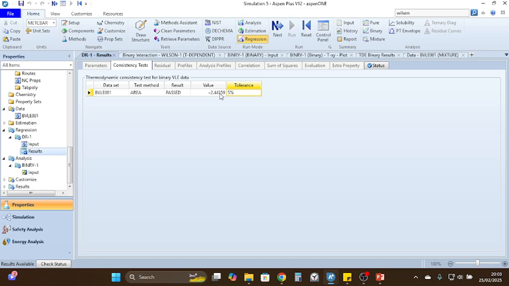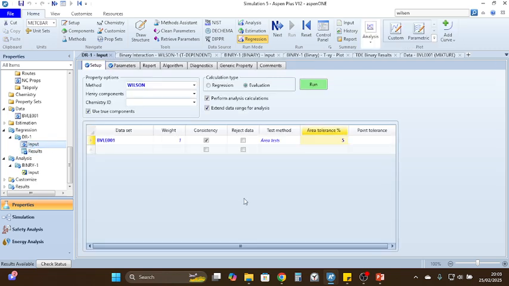The value that you have got is approximately around 4%, around 2.5% tolerance that you have achieved. So now we are going to perform regression of this data set.